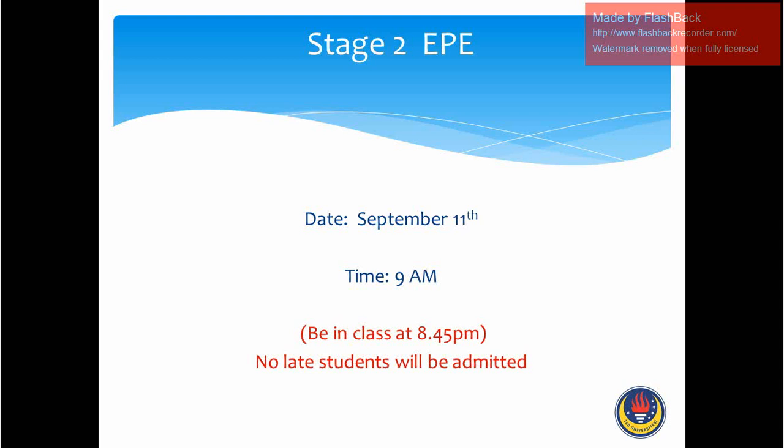If you are successful in the EPL, we'll announce it on our website and you'll see your name and a room number for the next day. The EPE happens on September 11th, and this time it starts at 9 o'clock in the morning. You have to be in class at 8:45. Earlier, the better. Please remember, for EPL and for EPE, no late students will be admitted.